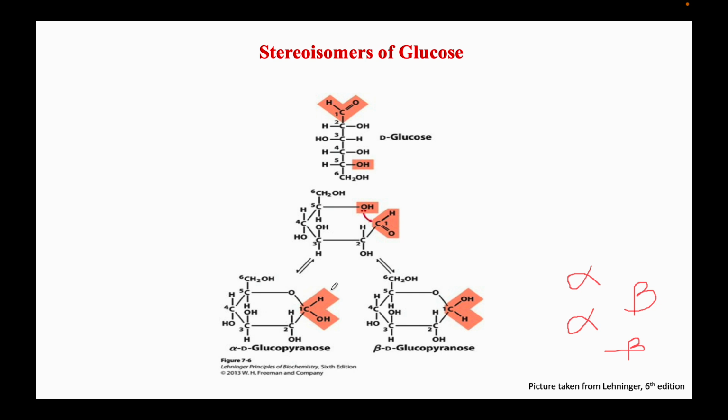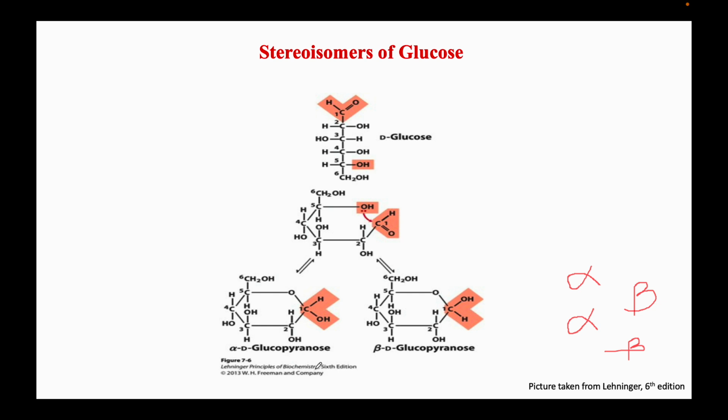What are stereoisomers? Stereoisomers are when the H and OH differ in the plane. So OH here is below the plane of the axis, whereas in beta it is above the plane of the axis. The molecular weight is the same, but these are completely two different structures of glucose.